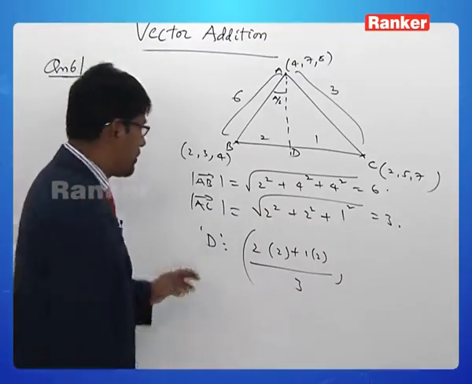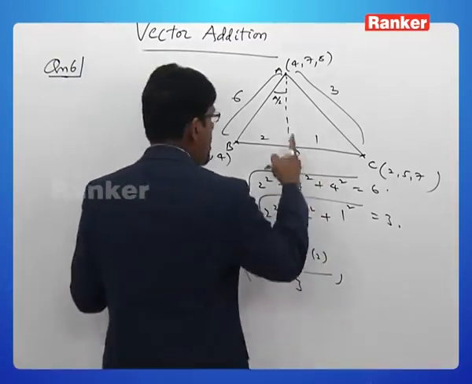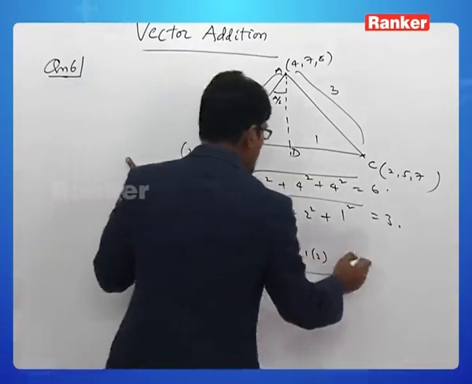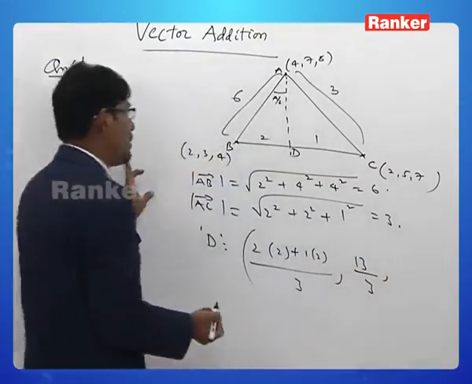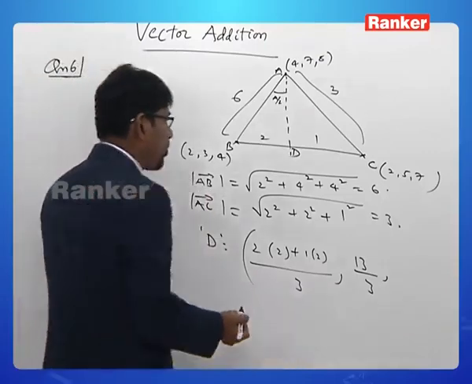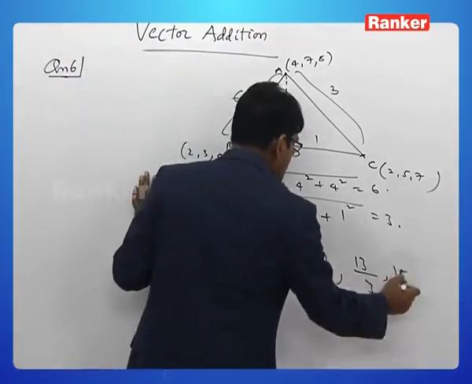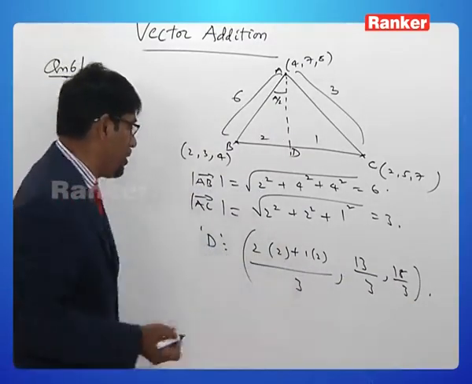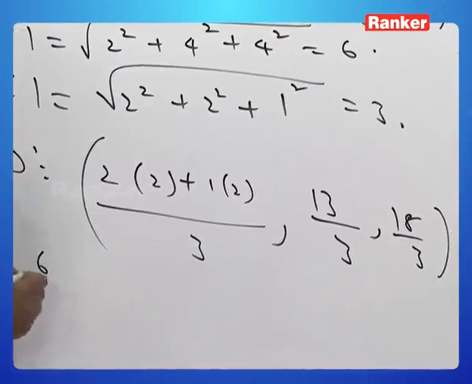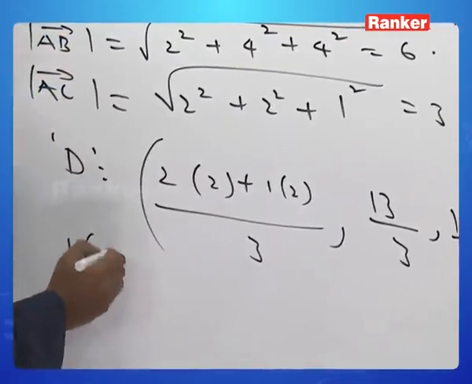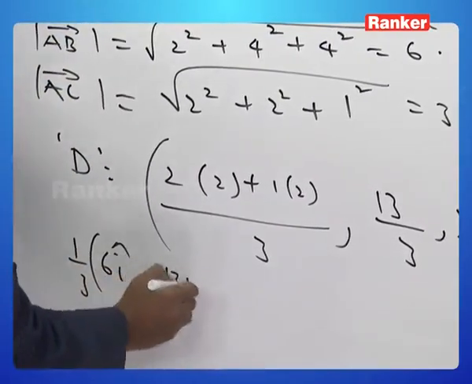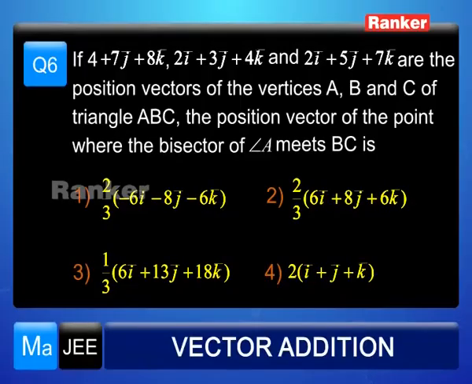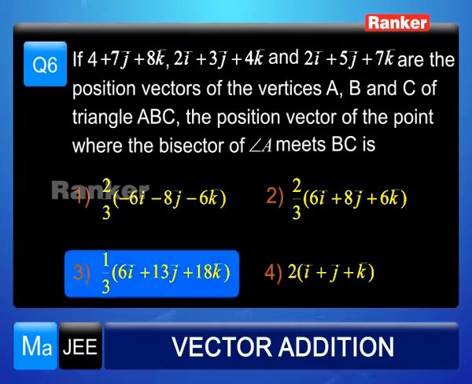And then we have 2 into 5, 10, 10 plus 3, 13, 13 by 3, comma, 2 into 7, 14, 14 plus 4, 18, 18 by 3. So this is 1/3 of 6i plus 13j plus 18k. That's clearly appearing in option 3. Option 3 is the right answer.